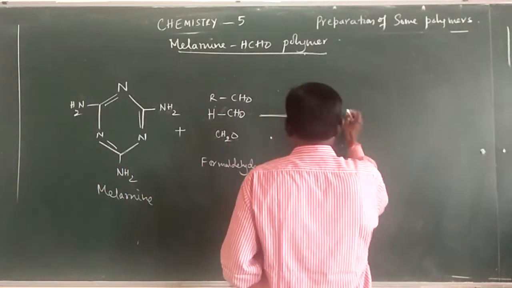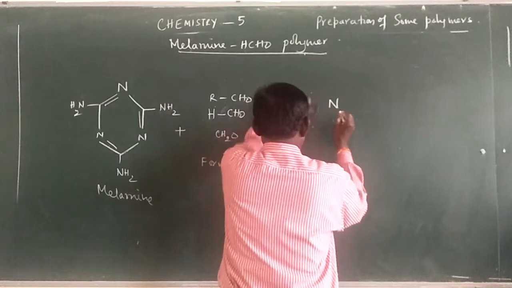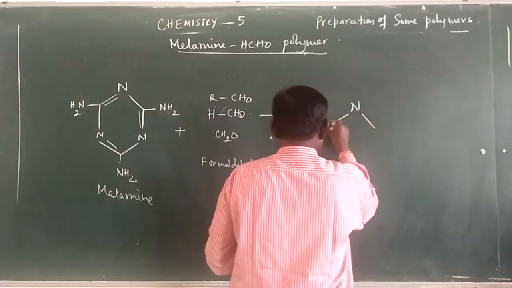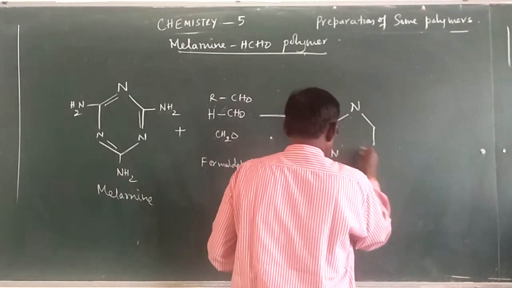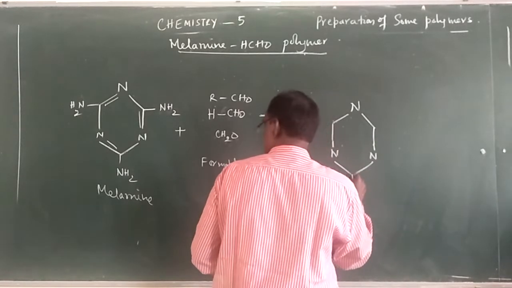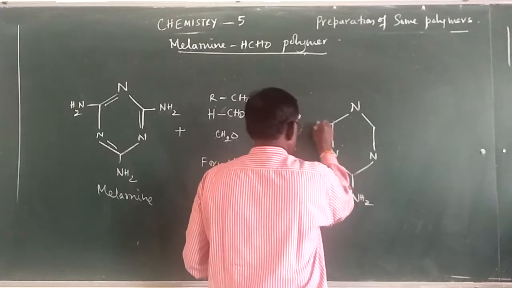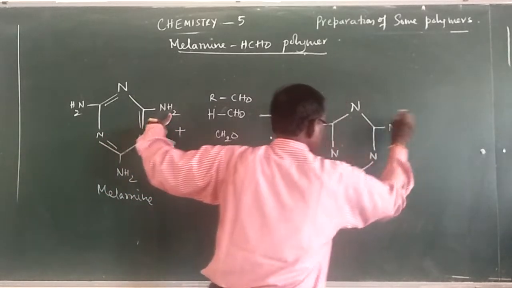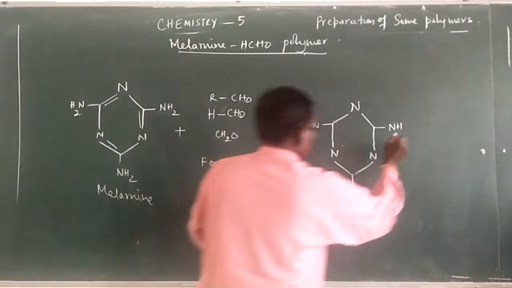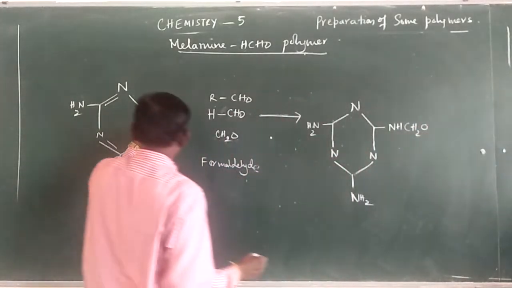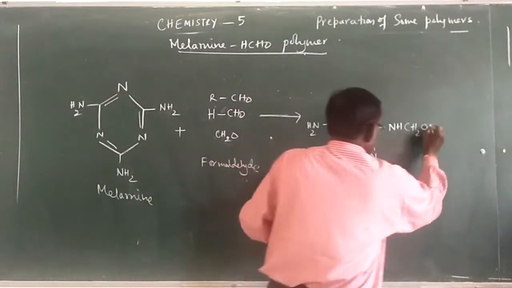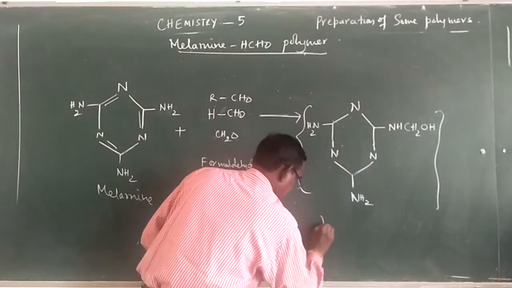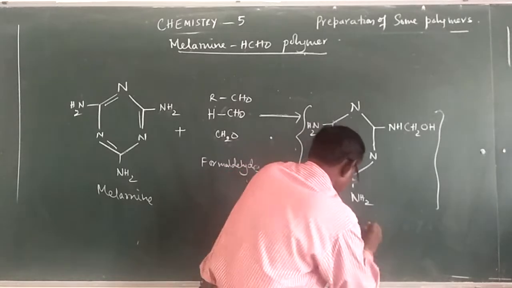So writing this again, the ring with the carbon atoms and nitrogens, now NH and then CH2O, and again one more H, which is added back. This compound is called the resin intermediate.